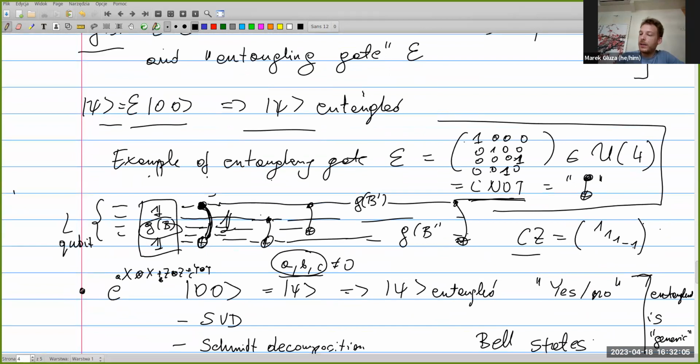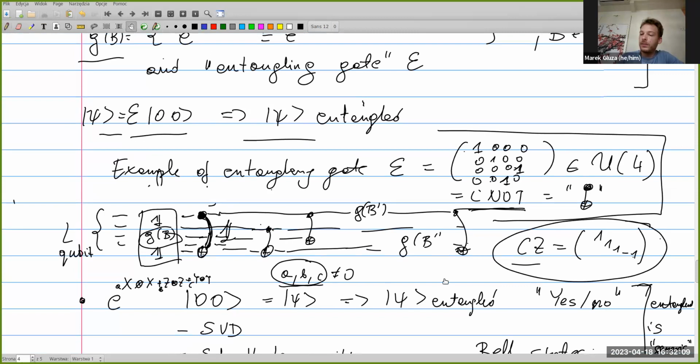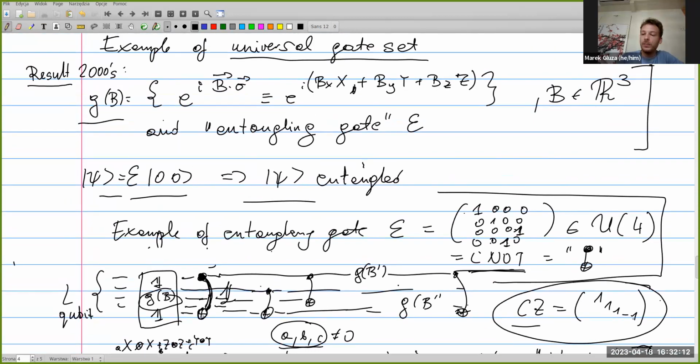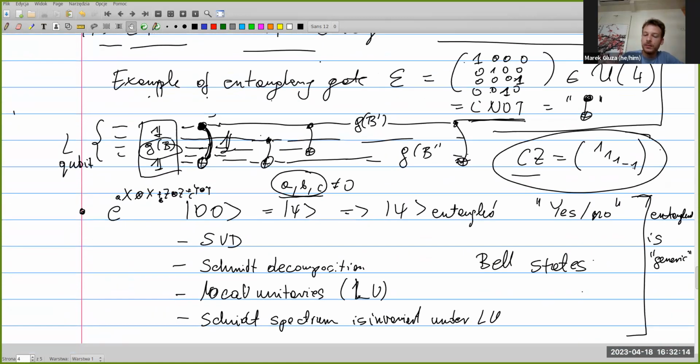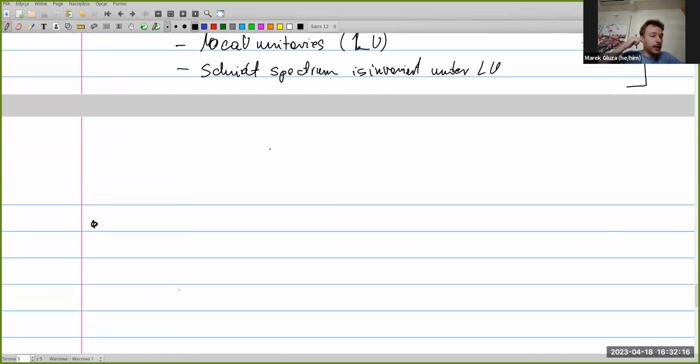For example, a CZ operation acting on 2 qubits and single qubit rotations, you keep applying them together and you will be able to engineer any operation on n qubits. Thanks for the messages in chat. We just do one more example and then probably finish. Let me explain why something like this might be non-trivial.